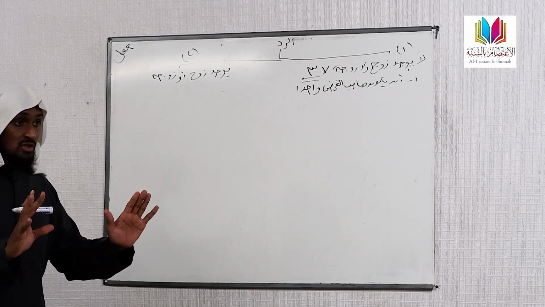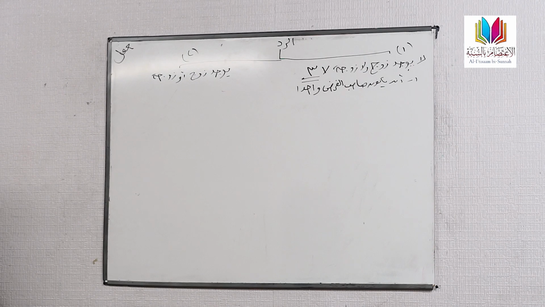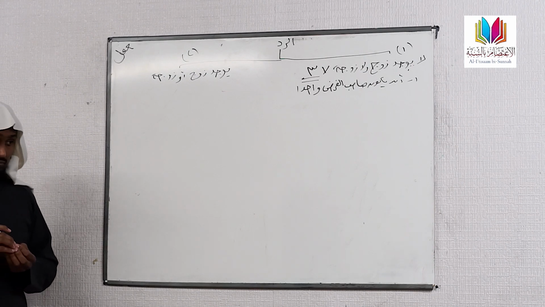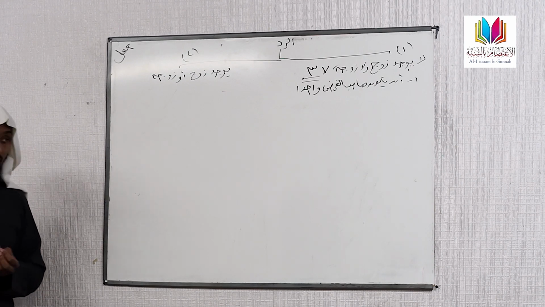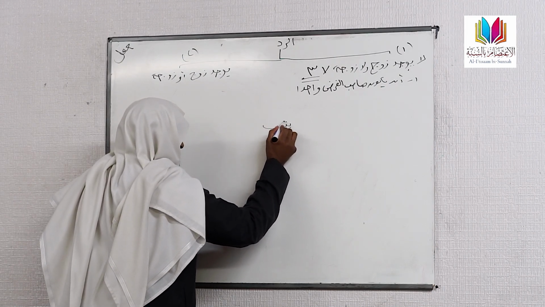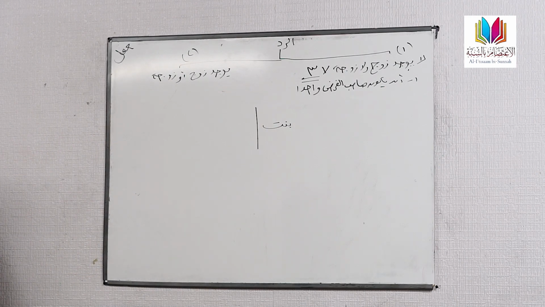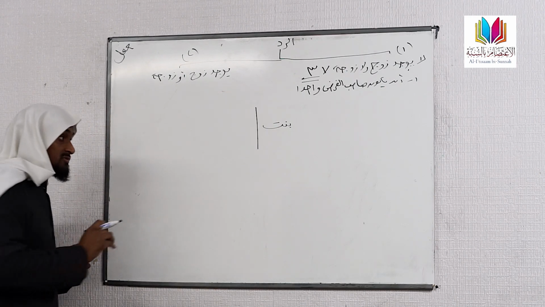For example, a person dies and leaves behind a daughter. What is she entitled to? Half.